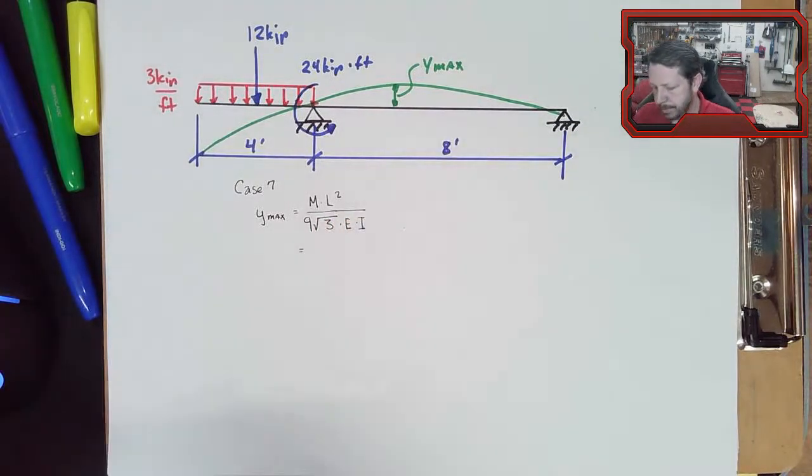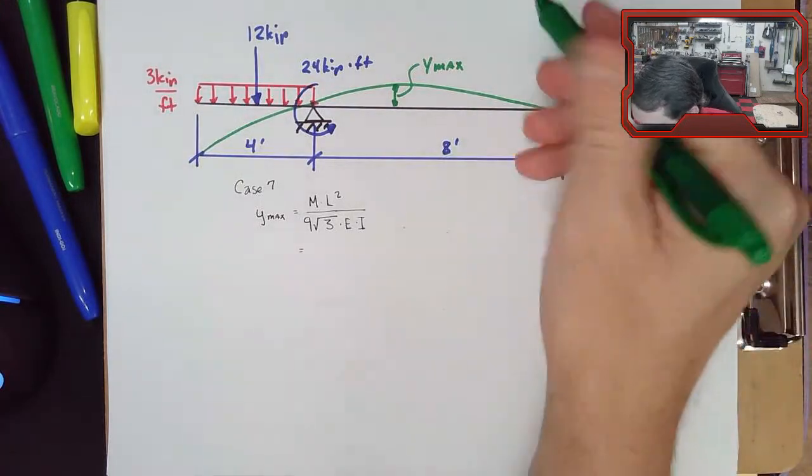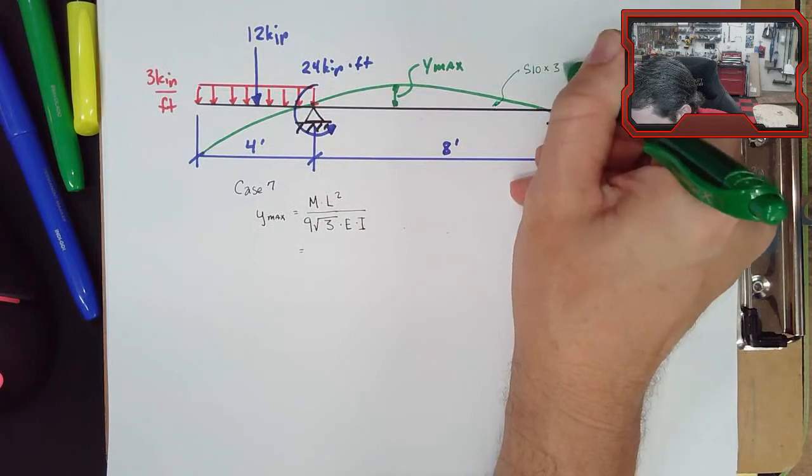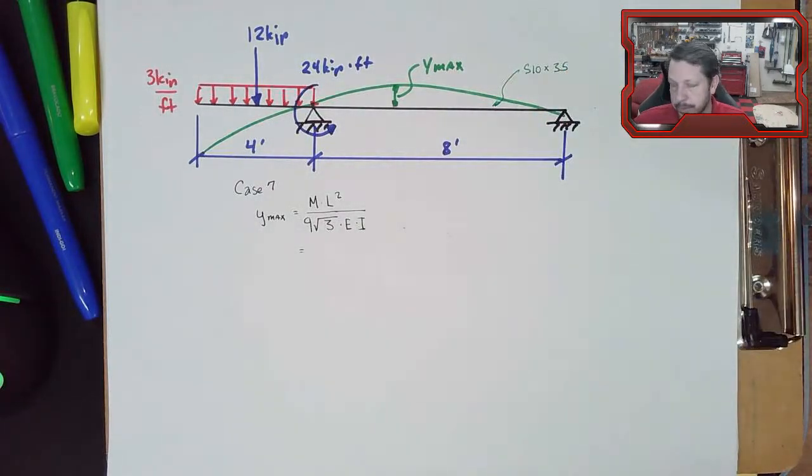Let's just use that same beam so we don't have to look up more I's and all that. It's the same S10 by 35 beam that we've been using, same material with 29 million PSI for the modulus of elasticity.